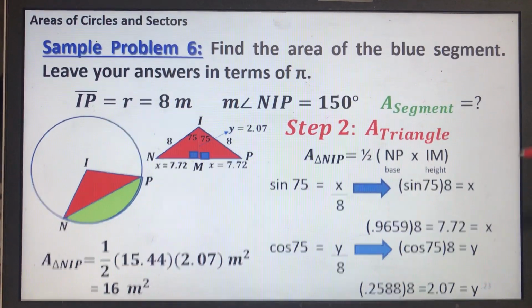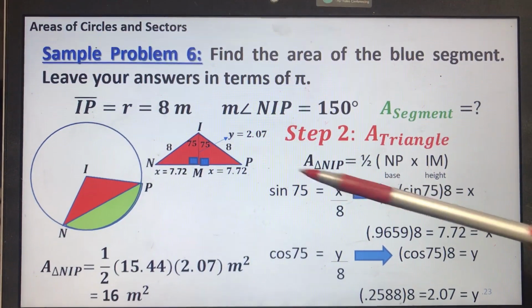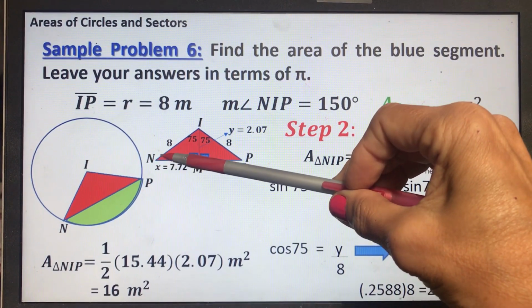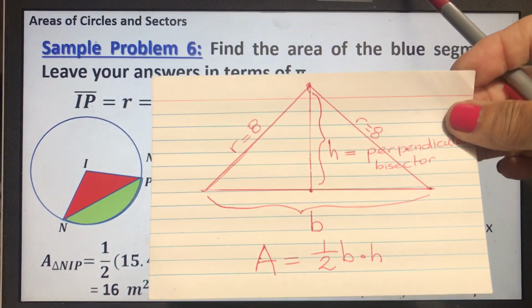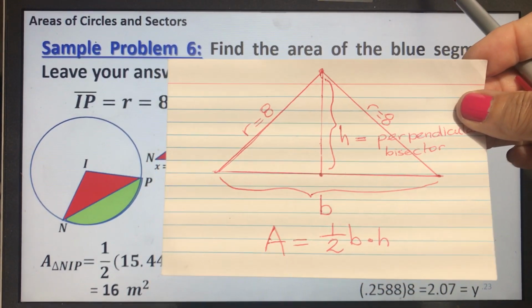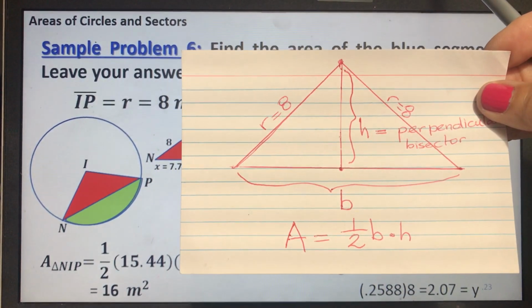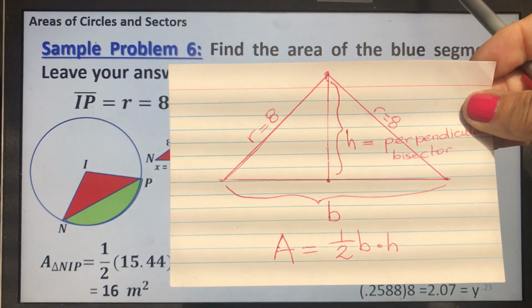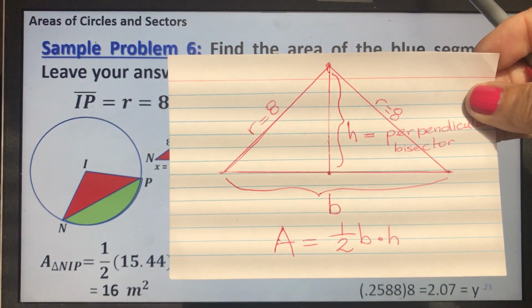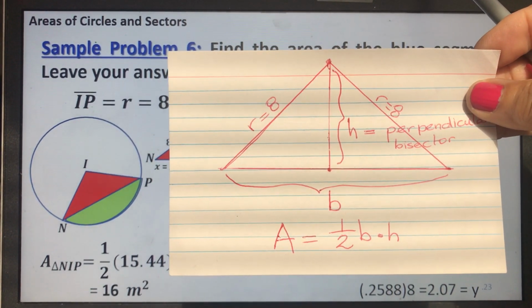Now, notice here, if we're working with this triangle NIP, let's focus right here. So what we really have is an isosceles triangle. Both of the radii are equal to 8. They have the same measure.